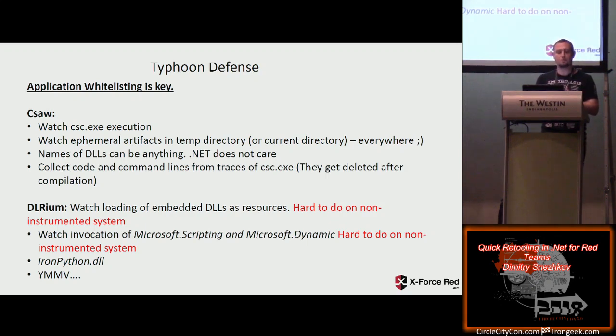Right now, somehow you need to watch for invocation of Microsoft.scripting and Microsoft.dynamic namespaces. Probably, even though it's used in a lot of places, it's a valid DLL. IronPython DLL is used for development everywhere. Somehow you need to put a marker on it and say, am I allowing this or not? Right? And so your mileage may vary.